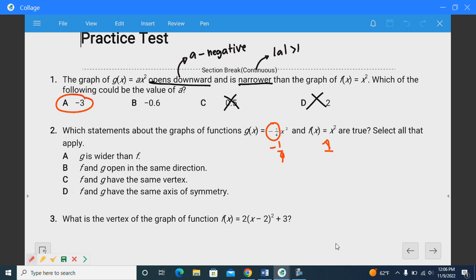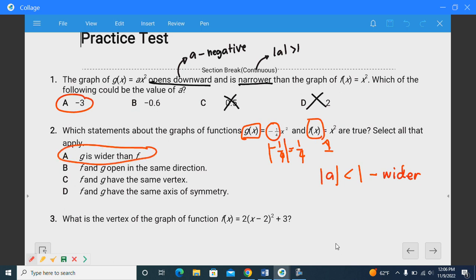The absolute value of negative 1/4 is 1/4, which is less than 1, so it becomes wider. So this g of x is wider than f of x. So A is one of the answers.